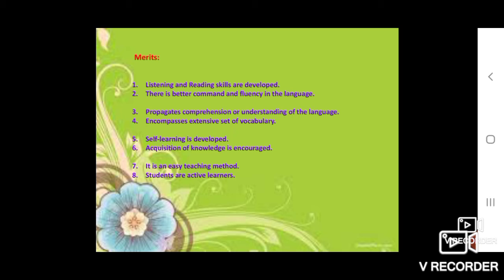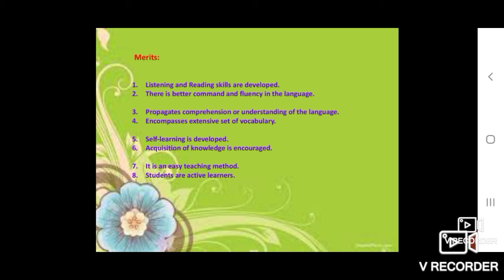Then what are the merits of this Dr. West reading method? Listening and reading skills are developed because in the classes the teacher is a model before them. Teacher reads particular content loudly in the class.